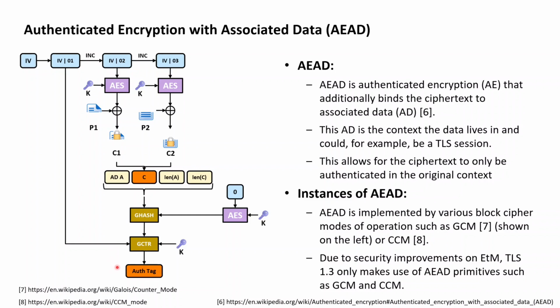What now really turns this into an authenticated encryption with associated data approach is that the associated data, the context of the data so to say, flows into the calculation of the final authentication tag and as such manages to bind the data to the context living within the associated data.